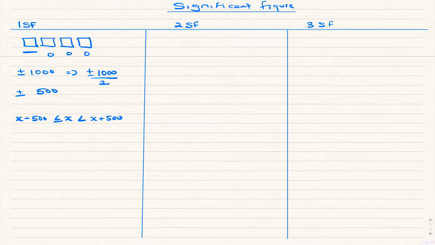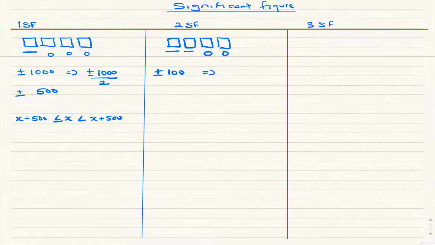For two significant figures, let's use 4 figures in the same way. So we got 4 figures, and we've been told to calculate the error interval for 2 significant figures. So the first 2 are the 2 significant figures, and what's left, turn it to 0. So it'll be 0, 0. And therefore, you're going to have your bound value. Well, we use plus or minus 100, but because we're doing the upper and lower bounds, we have to divide it by 2.